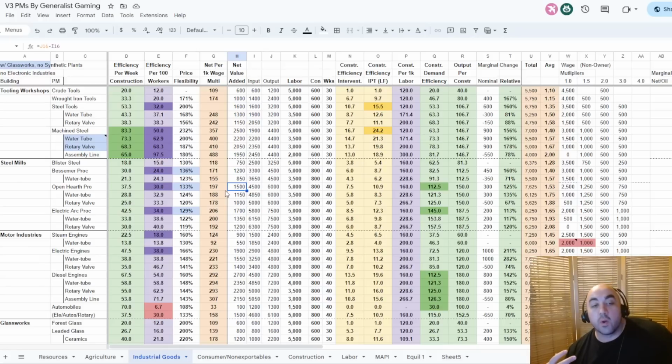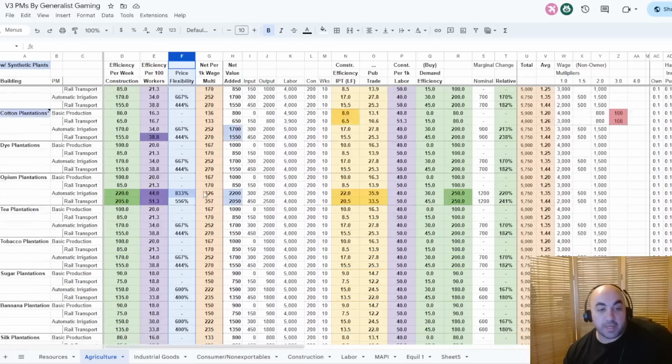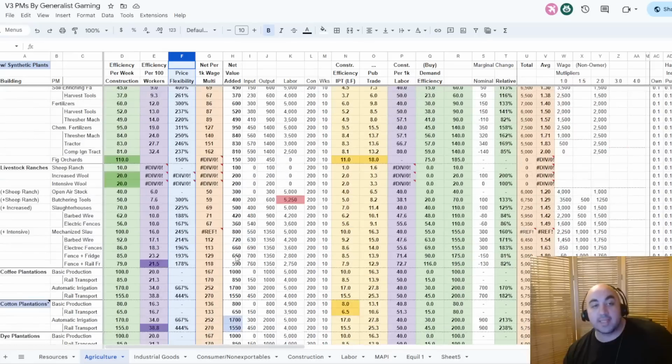And so this is one of the reasons why it's really difficult to collapse these prices, and why on the agricultural stuff, where there are very few input goods, especially for all the plantation stuff, you see sky high efficiency, which is why these prices can collapse. And so being aware of this price flexibility is important, and it's a good indicator of stuff that's going to be negatively affected by MAPI more. It tends to be the stuff that's less flexible on the price.